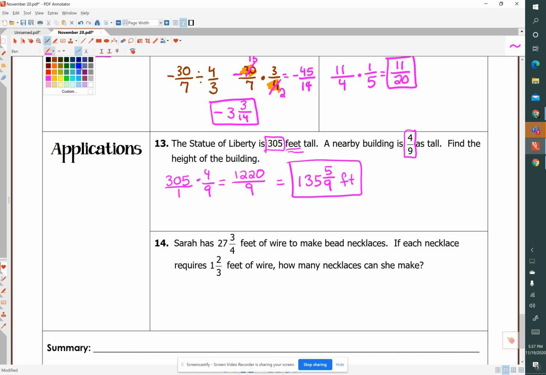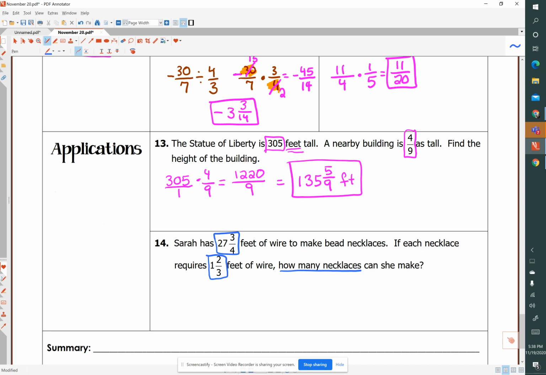And let's pick a new color. So Sarah has 27 3/4 feet of wire to make bead necklaces. If each necklace requires 1 2/3 feet of wire, how many necklaces can she make? Now, let's be careful. When we say how many necklaces, are we going to make a part of a necklace?